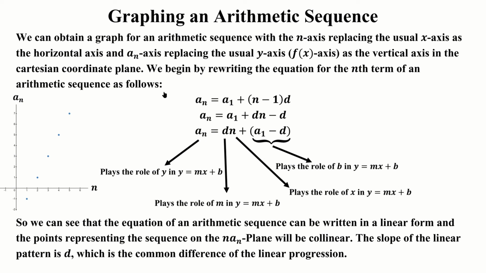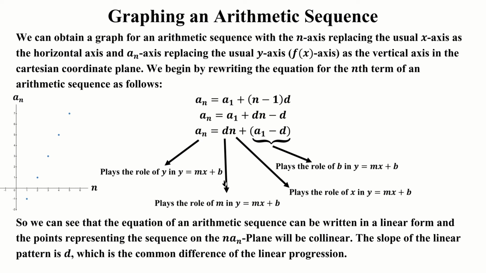Now, if we take this formula for the nth term and just expand it like this, we can write it as a1 plus dn minus d. And if I put the dn first and lump the a1 minus d, which are just two constants, together, notice this becomes the usual linear pattern that we're used to, with an playing the role of y in y equals mx plus b.